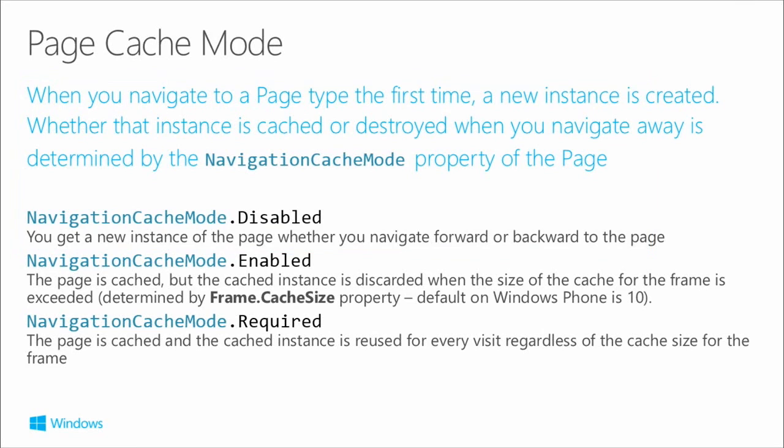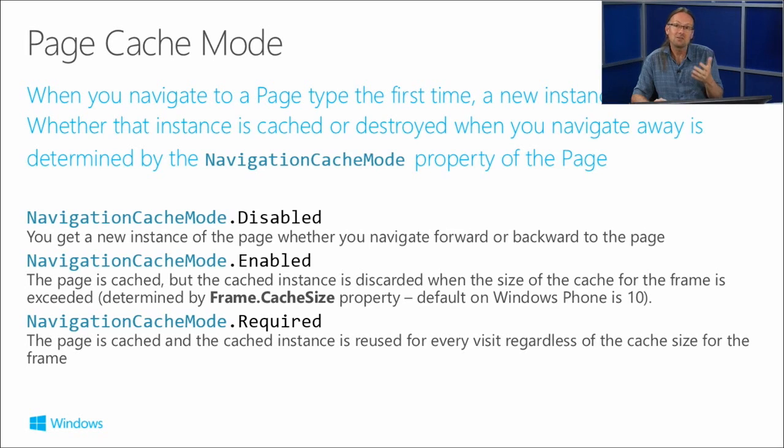Well, before that, I'll talk about a couple of things. Page cache mode first. Don't worry about this, it's just so you're aware of it. When you navigate forward to a page, the first time your app does that, you're going to create a new instance of that page. Then you might navigate to another page and go back, and then you'll do another forward navigation to a page of the same type.